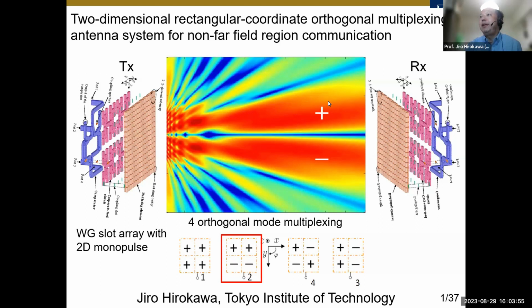The top beam has positive phase, while the bottom beam has negative phase. Then on the RX side, when we have the same weighting as mode 2, we can have the output only at port 2. So we have 4 types of orthogonal modes.